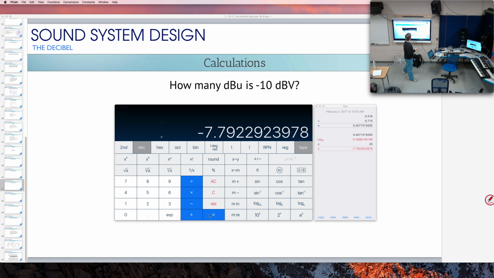And when you do log, it's log 10? Mm-hmm, log 10. So minus 10 dBV is equal to minus 7.8, basically, or 7.79 dBu. So you could say minus 7.79 dBu or minus 10 dBV, and you would be referring to the same voltage. Both of those things represent 0.316 volts.